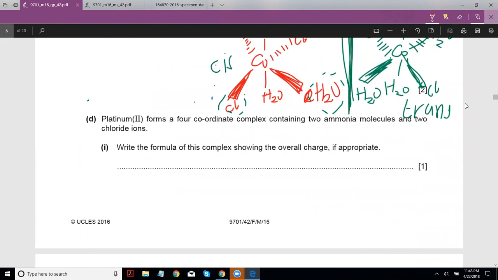Okay, so platinum 2 forms a 4-coordinate complex containing 2 ammonia molecules and 2 chloride ions. Write the formula of this complex, showing the overall charge if appropriate.